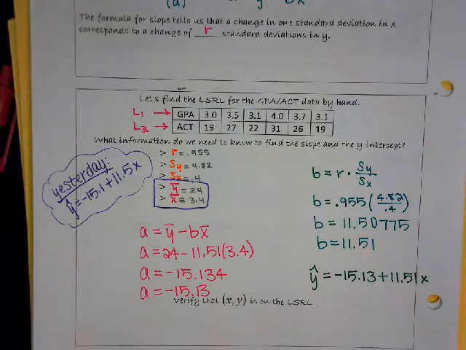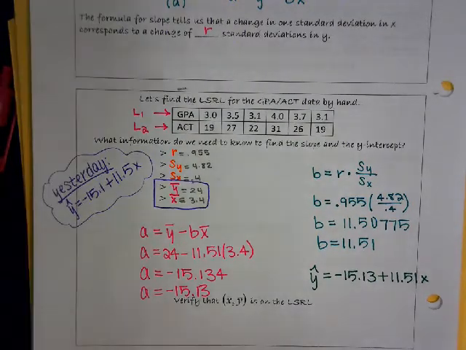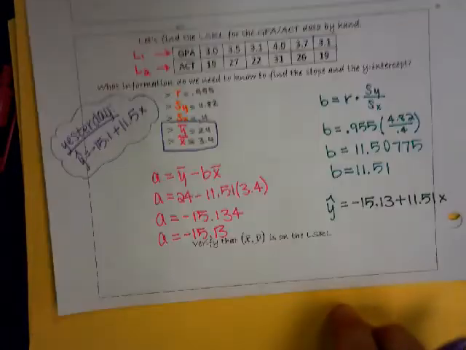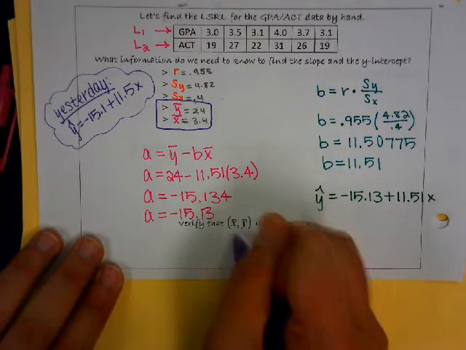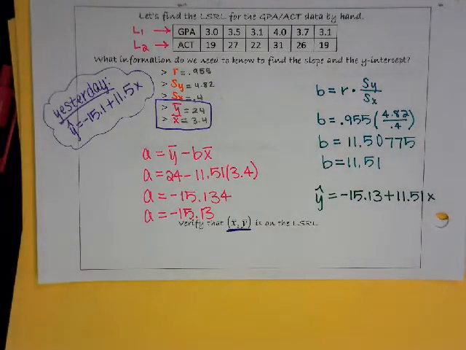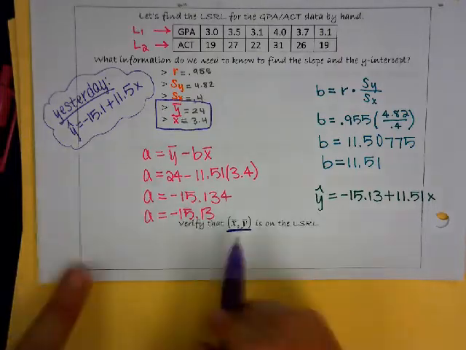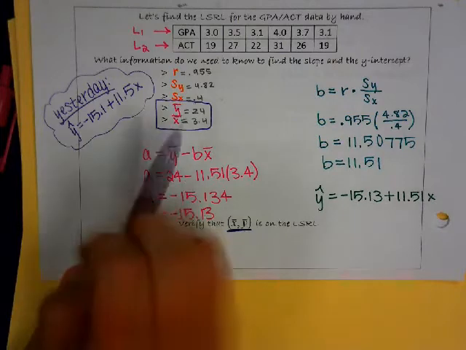Just show that x bar and y bar is on your least squares regression line, or it'll say something like, which of the following points shows up on your least squares regression line? And that point does. Every time, no matter what your least squares regression line is, x bar comma y bar is on it. So our y bar, the y average is 24, so I'm going to put that in for y.